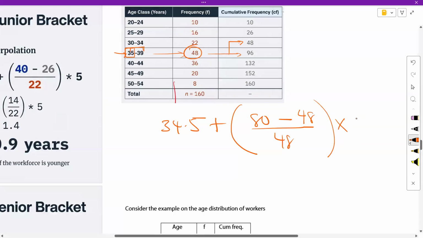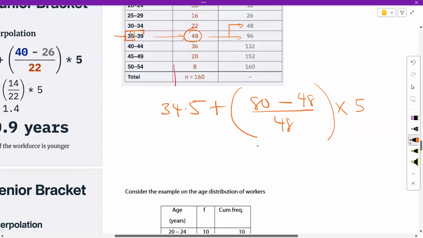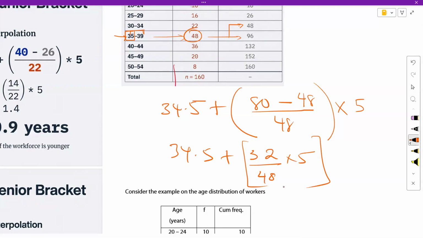Class width is 5. Just solve this one quickly: 34.5 plus 32 over 48 into 5. Solve it quickly. What do you get?